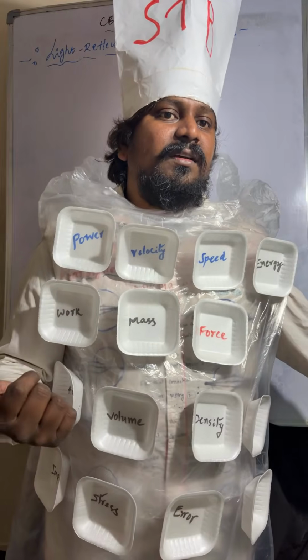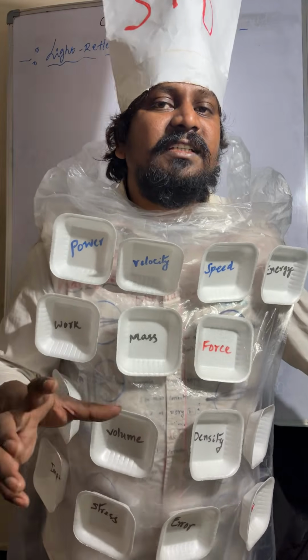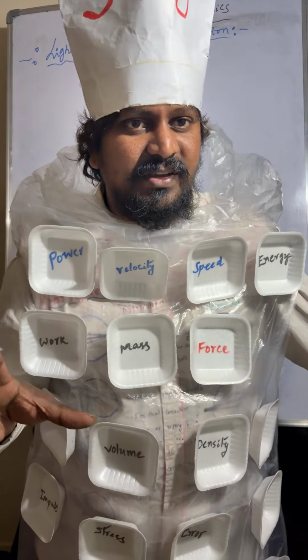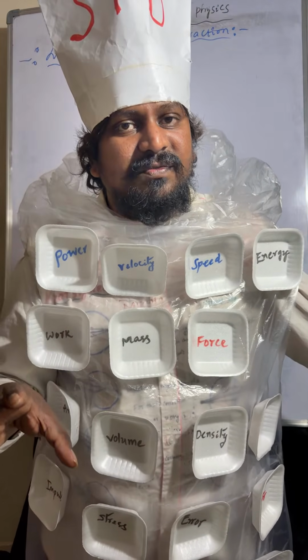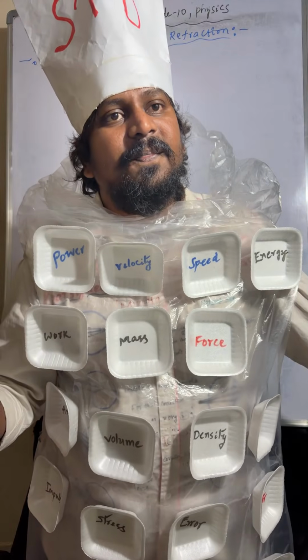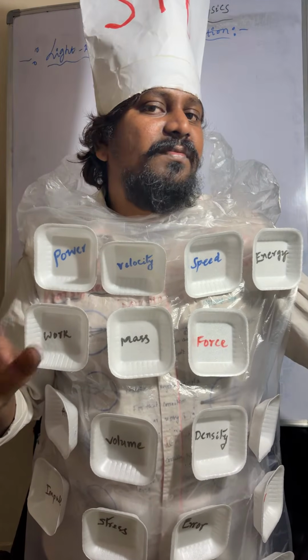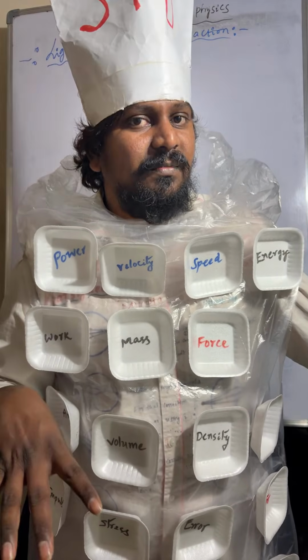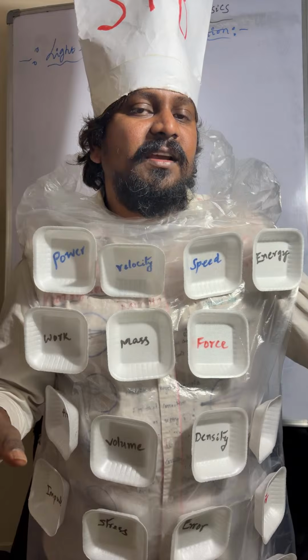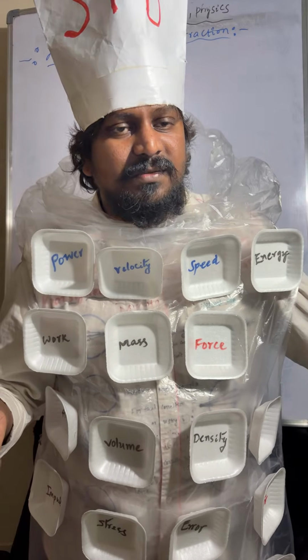Okay, very good. The mirror which is in the form of a curved surface is called a spherical mirror. There are two types of spherical mirrors, concave mirror and convex mirror.